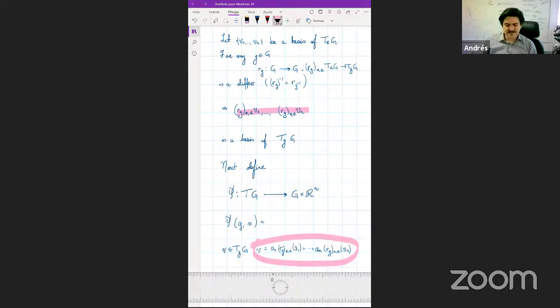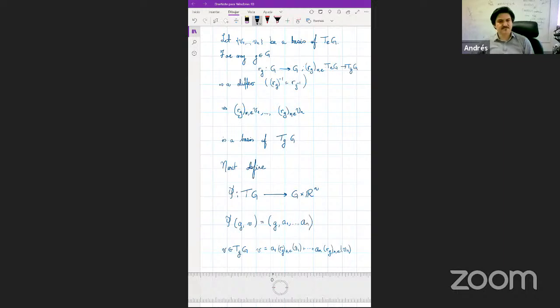So this makes sense? Right? Then this is how you define this map. Like this. This map is a diffeomorphism.